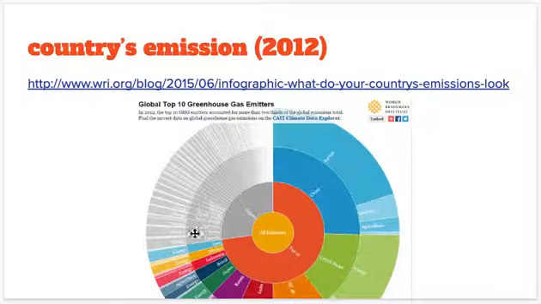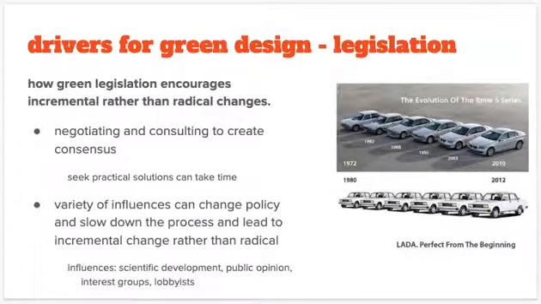Okay, so here's a little bit of information about the different emissions from different countries, and just to show how, based on those emissions, legislation can be created, right? So we've seen this thing before, and remember that legislation takes a long time rather than a quick change.